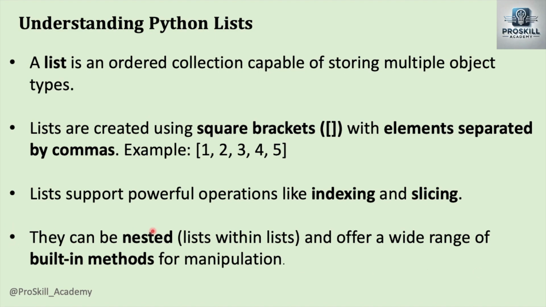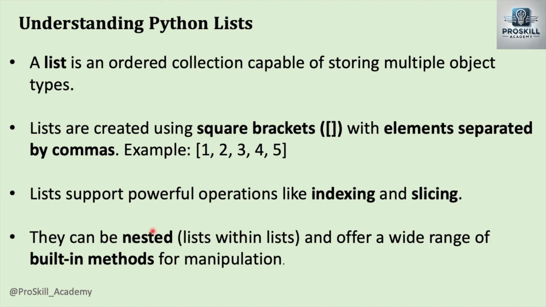One of the more advanced but really useful features in list is that it can contain lists inside a list. This is called nesting, and it's like putting boxes inside a bigger box. It allows for representing more complex data structures like tables or grids.